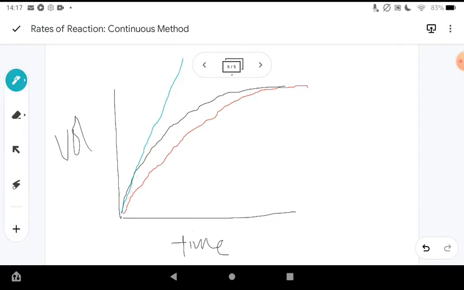Now you might get asked a question where it says at a time of 20 seconds, what is the rate of reaction? As the concentration is decreasing because the chemicals are being used up, the rate of reaction will also slow down. So you would draw another tangent at that point, so let's say it was there, again it's a little bit wobbly, so that's 20 seconds.